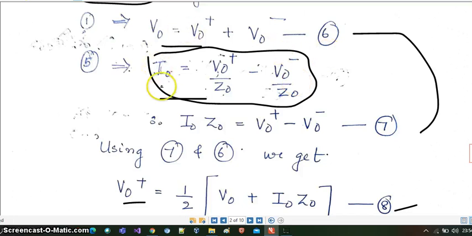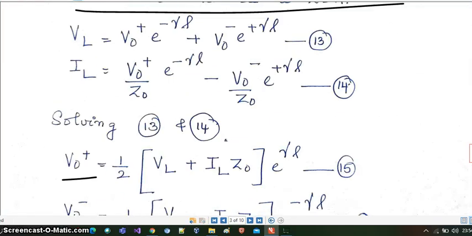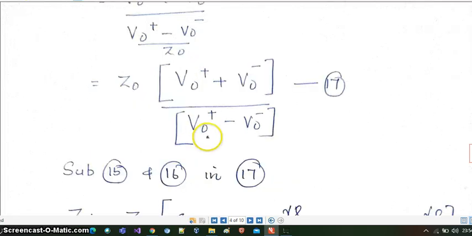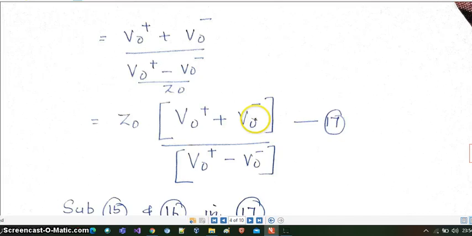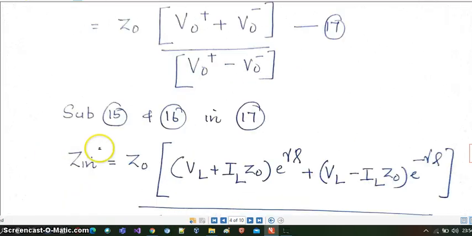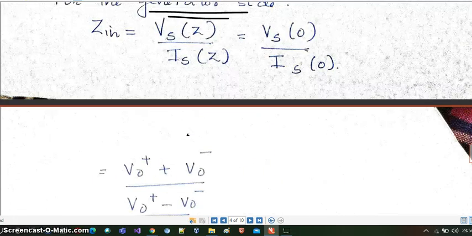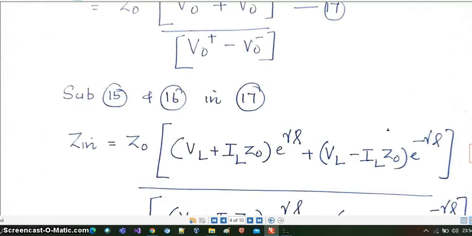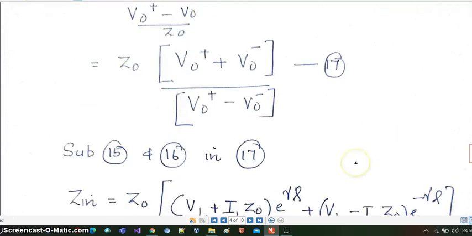This is the voltage and current at the generator side, which we are substituting here. Simply rearranging, Zin is Z0 into V0 plus plus V0 minus by V0 plus minus V0 minus, that is my 17th equation. Then I am substituting 15 and 16 in the 17th equation.